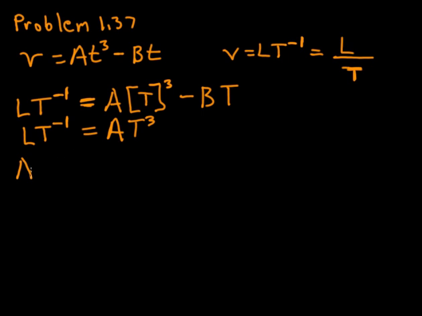If we solve for A, I'm going to divide both sides by, thinking out loud, T minus 1 divided by T cubed, which means that I will have L T to the minus 1 minus 3, so L T to the negative 4.